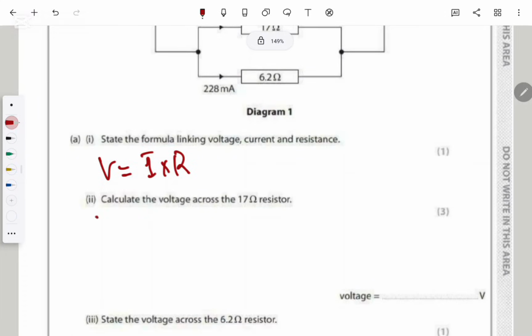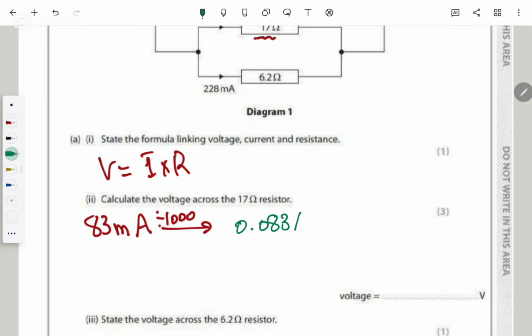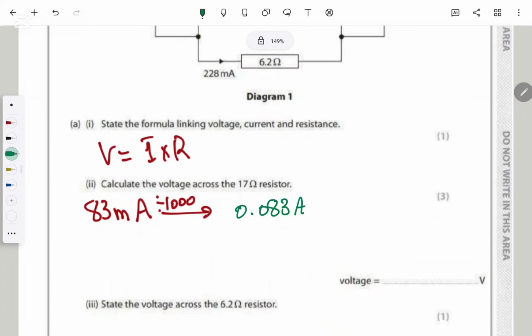First of all, change the 83 milliamperes into amperes. Divide by 1000, and that would give you the answer of 0.083 amperes.